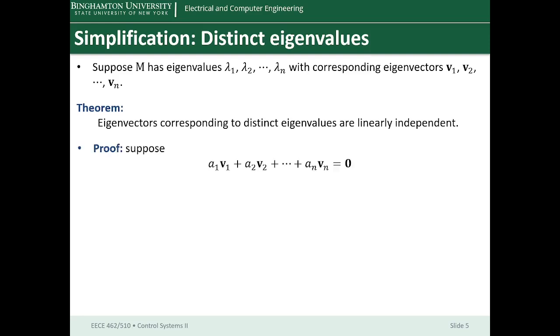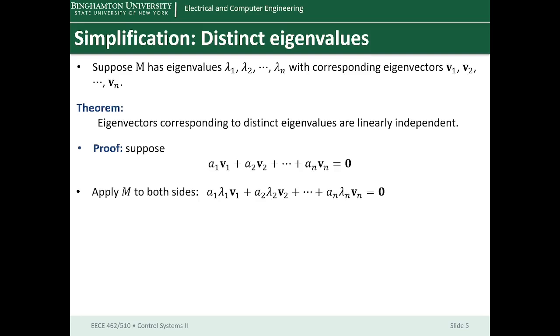Suppose, for the sake of argument, that these eigenvectors are not independent. That would mean we could take some combination of them, say a1 times v1 plus a2 times v2, and so up to an times vn, and get the zero vector.